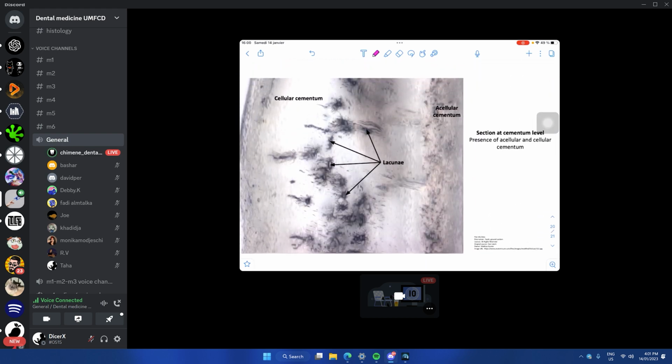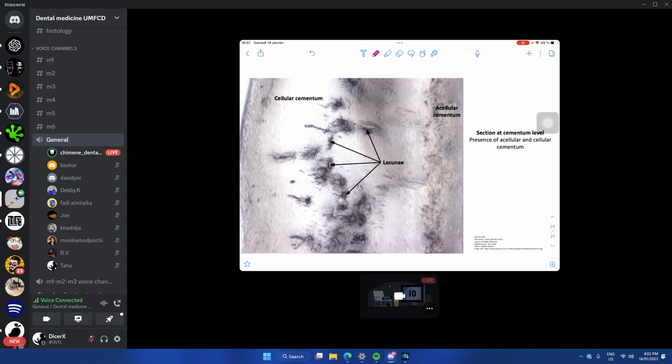I'm going to tell you the main difference between acellular and cellular cementum. The main difference is that the cellular cementum is relatively thick and it covers the apical half of the root. As I've told you, the cementum you can only find mostly in the root section. Remember when our professor, Dr. Mihai Andrei, gave us some tools?